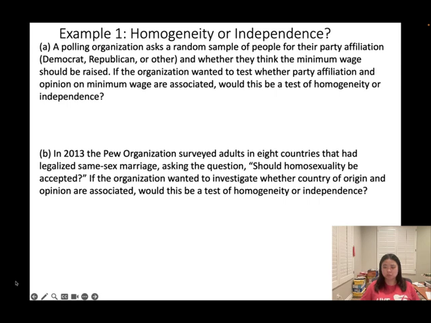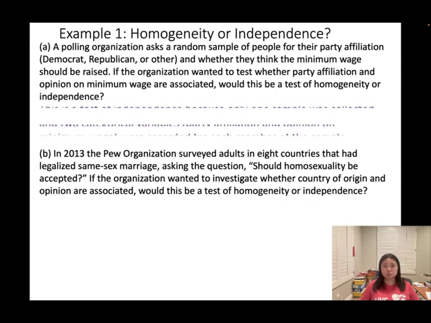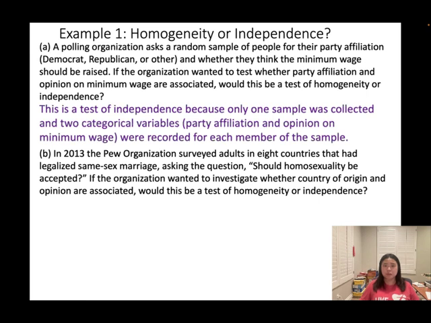So think about it. Do they have one population or two populations? And how many variables? One variable or two variables? There are two variables. One is the party affiliation and one is the opinion on minimum wage. So this is going to be the test of independence.